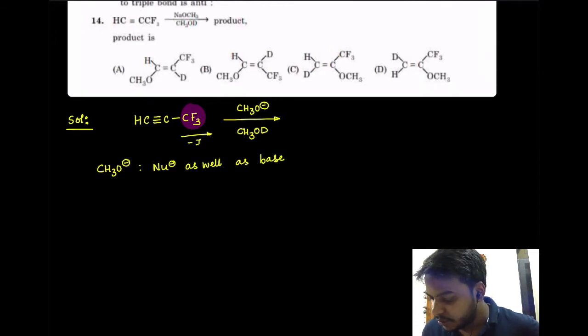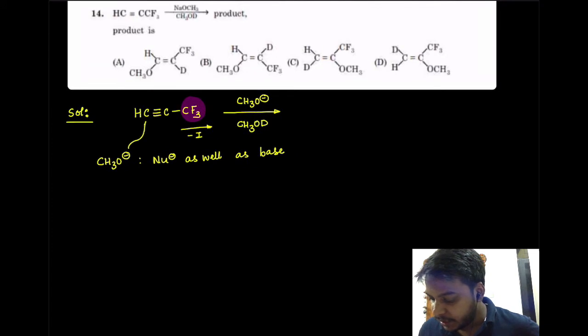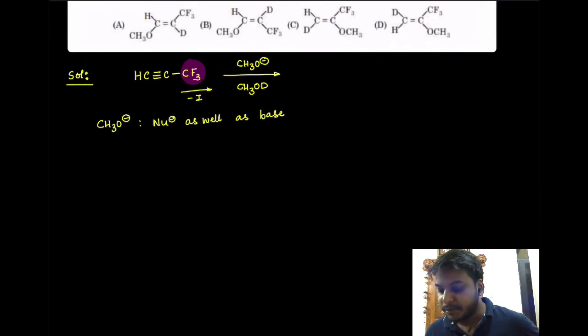It will withdraw strongly by -I, which helps this carbon get polarized so that it can facilitate a nucleophile. Now the nucleophile could attack this position as well as that position. We need to check the position where the carbanion becomes more stable.